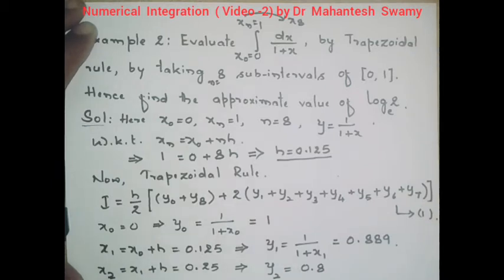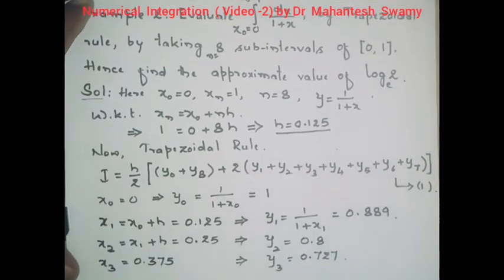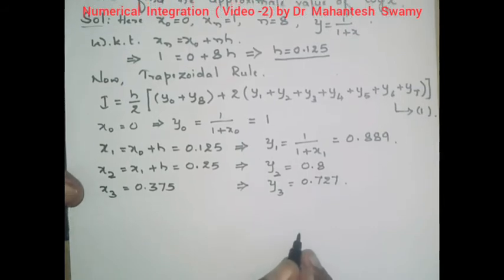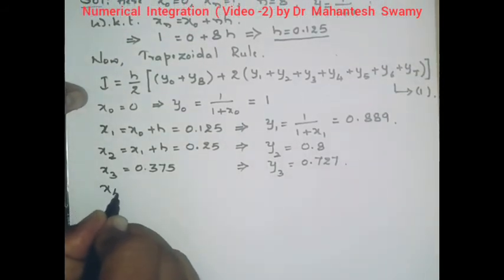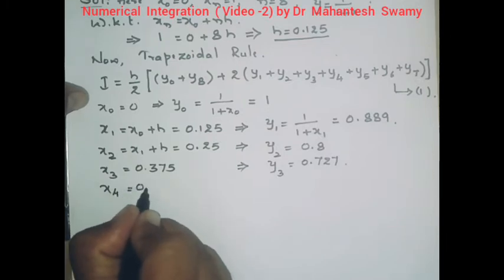Similarly, x3 is x2 plus h, that is going to be 0.375. I am writing directly, and the value of y at that point, y3, is again 1 divided by 1 plus x3, which after simplification gives 0.727. Now x4 is x3 plus h.